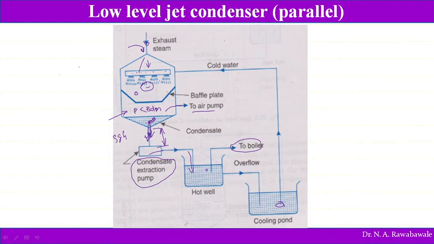Therefore an extraction pump is required. If we do not provide an extraction pump, atmospheric air will rush into this condenser, reducing the vacuum. Vacuum reduction affects the extent of possible expansion of steam in the turbine.